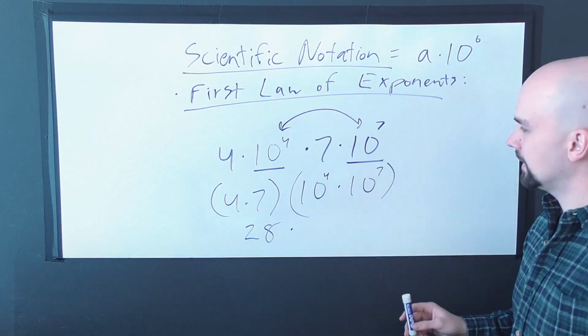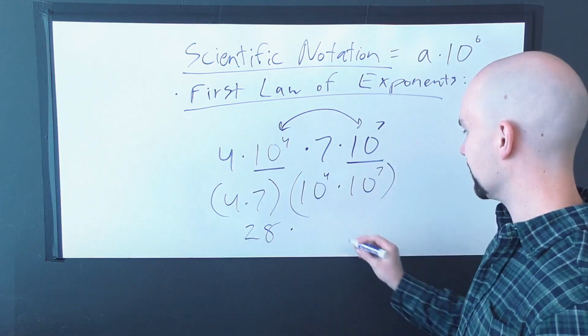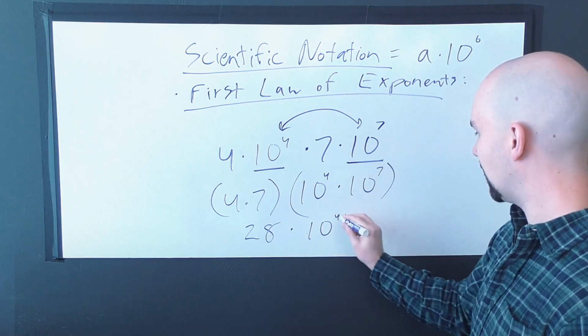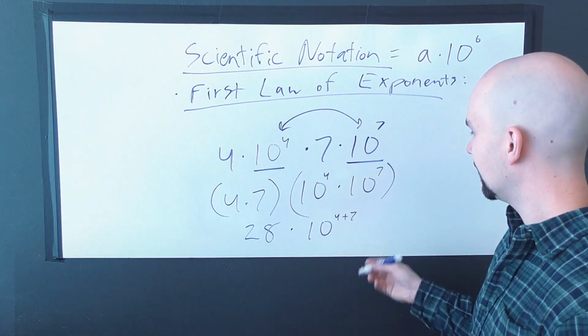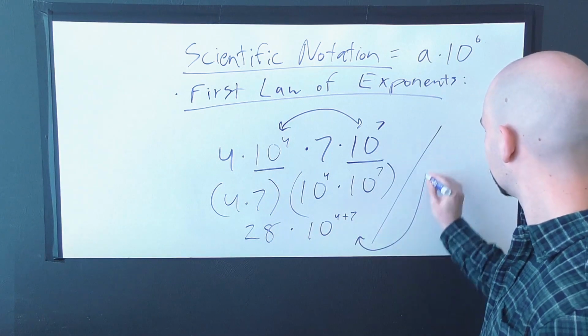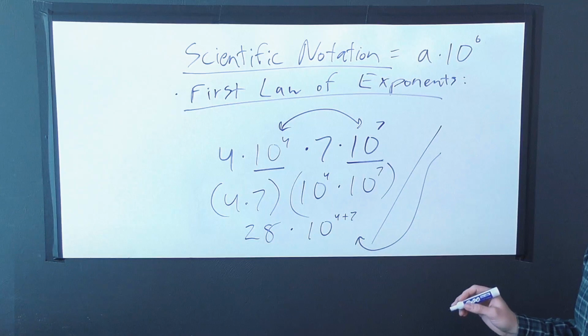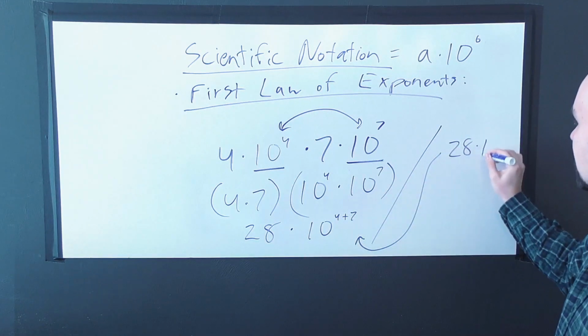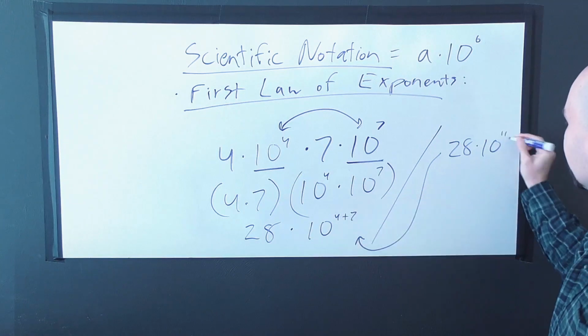And then what's 10 to the power of 4 times 10 to the power of 7? That's 10 to the power of 4 plus 7. So continuing this over here, what I have now is 28 times 10 to the power of 4 plus 7, which is 11.